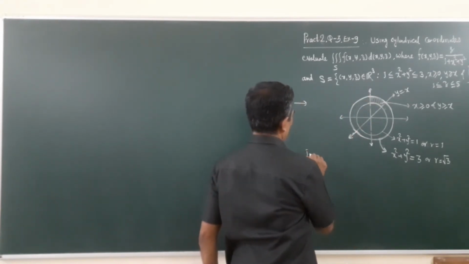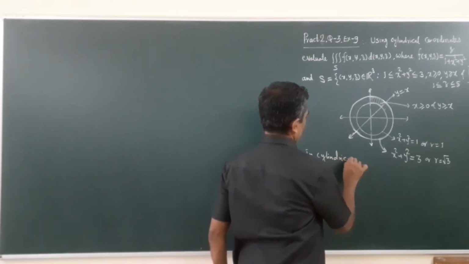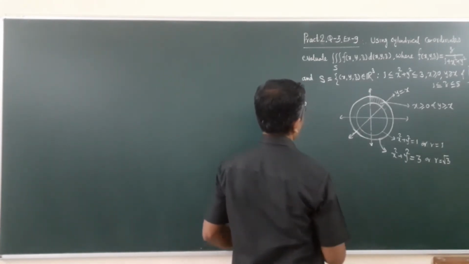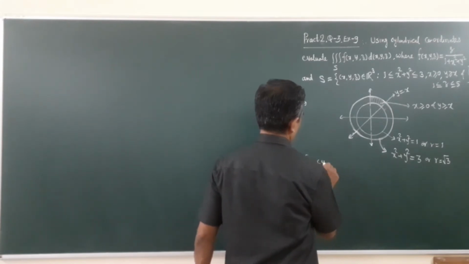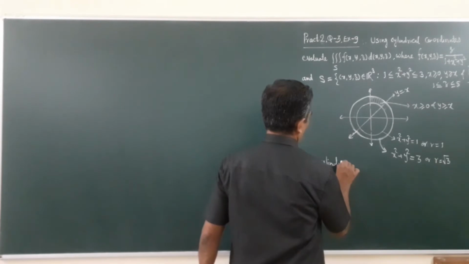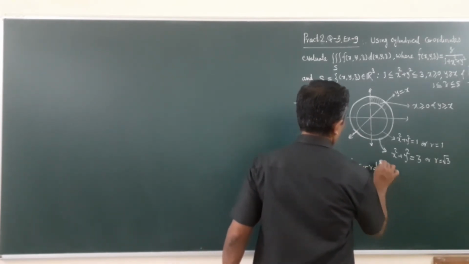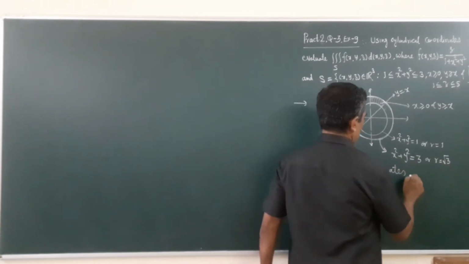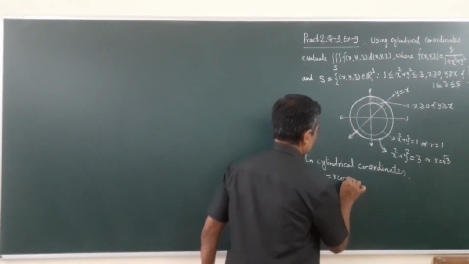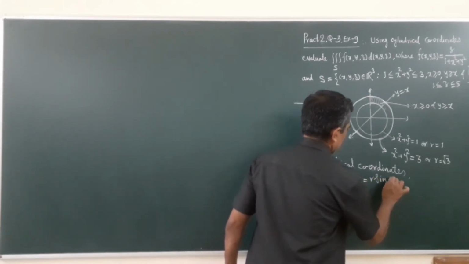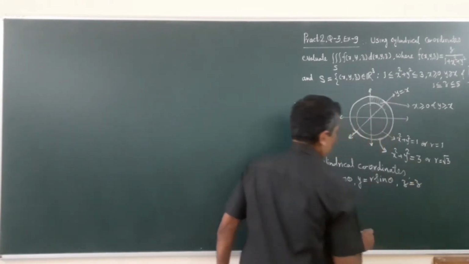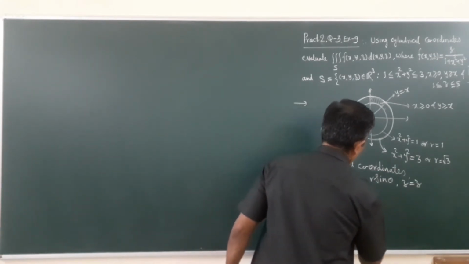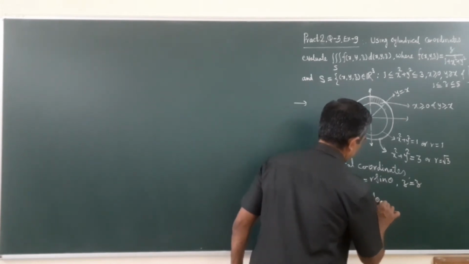Now, what are the limits here? In cylindrical coordinates, x is r cos theta, y is r sin theta, z is z, and dx dy dz is r dr d theta dz, or dz d theta dr, it doesn't matter.